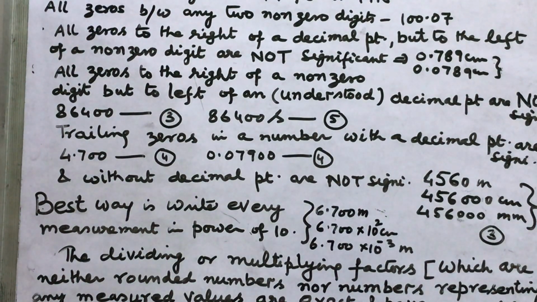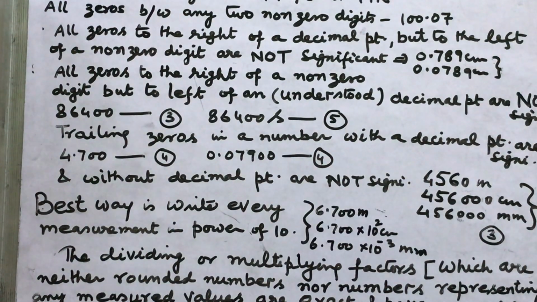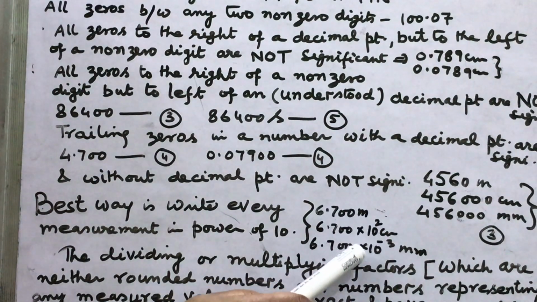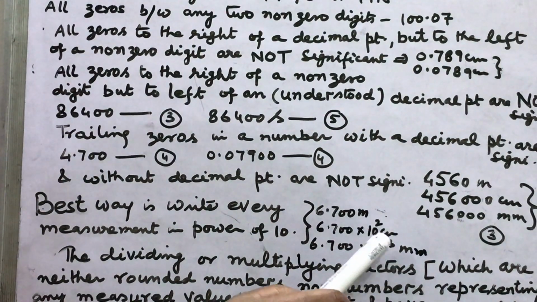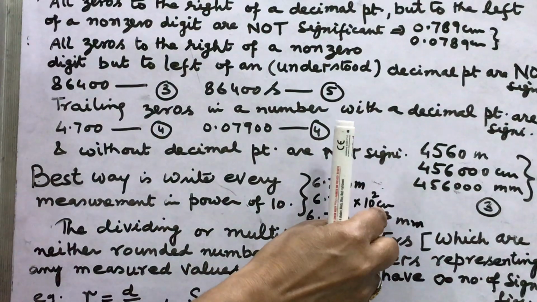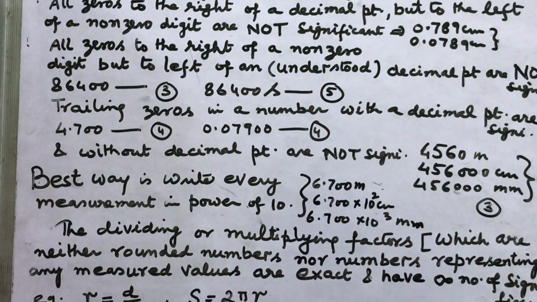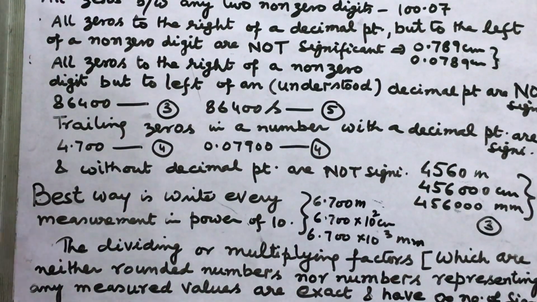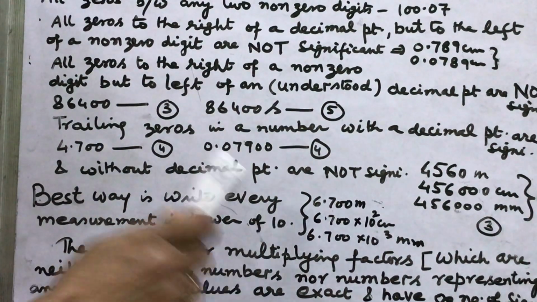How will you write it if the unit has been changed, meter into centimeter into 10 to the power 2, millimeter 10 to the power minus 3? So 6.700 into 10 to the power 3, then it will be millimeter. You should know how to change and how to write in the power of 10. This is the best way, because there is no confusion regarding significant figures if you express the measurement in the power of 10.